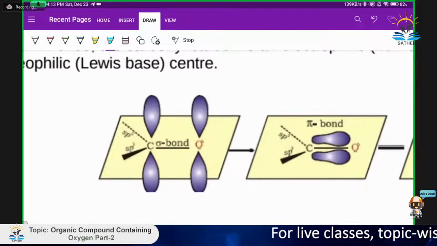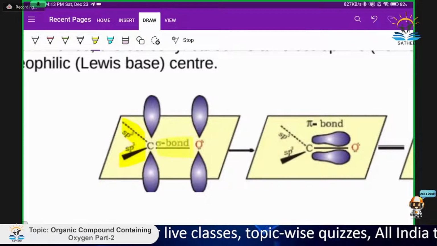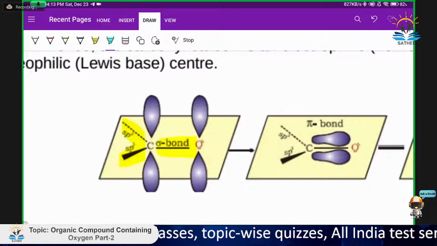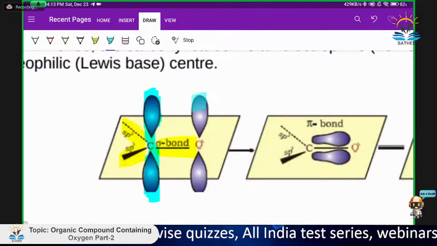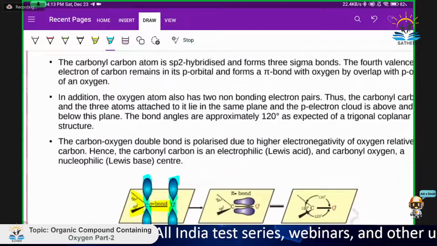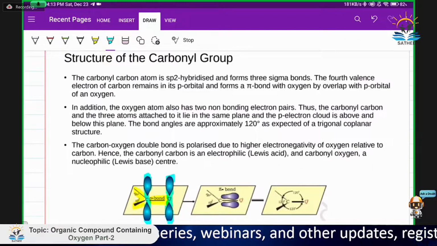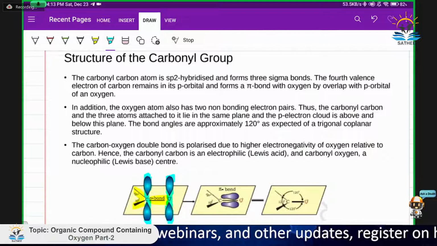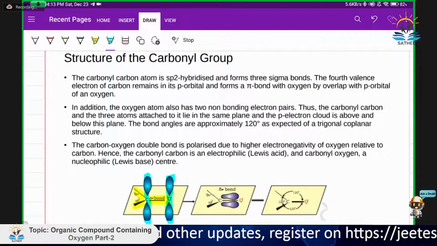So you can see that the 3 sigma bonds are in one plane here, and the pi bond is present above and below this plane. In addition, the oxygen atom also has 2 non-bonding electron pairs.